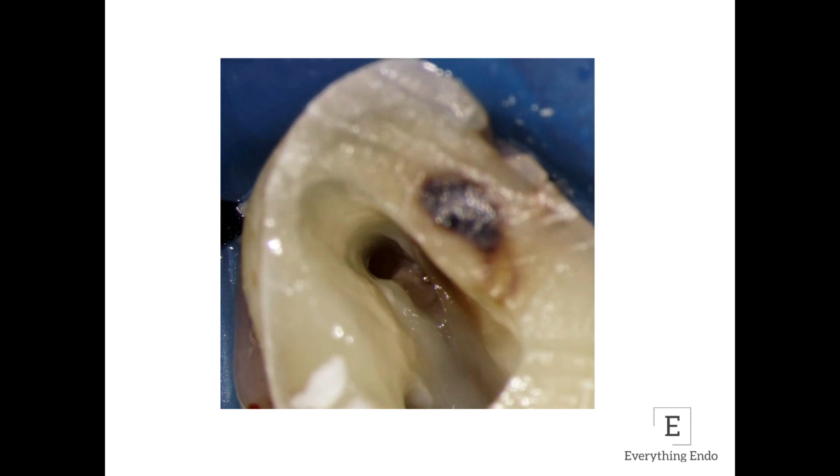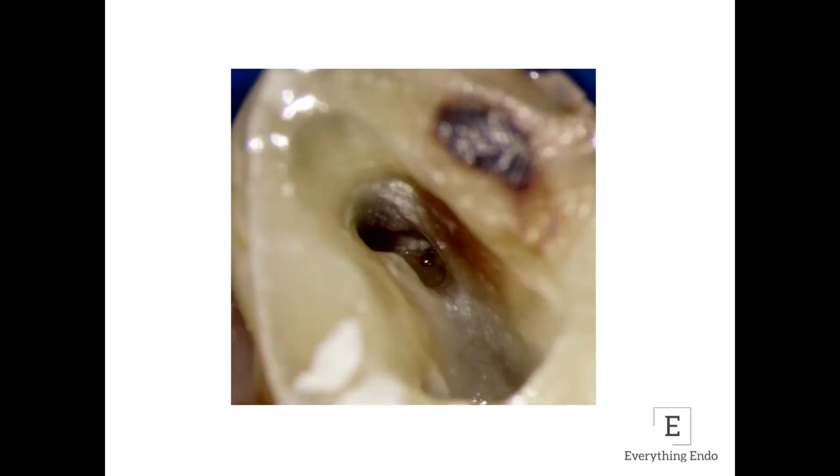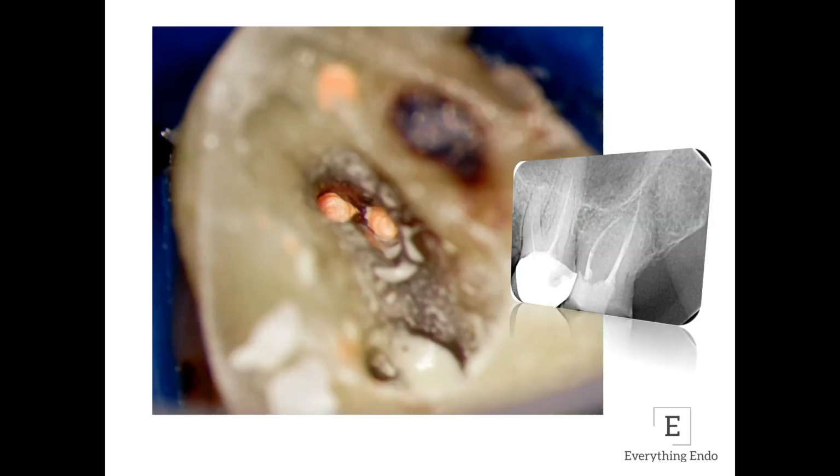So on troughing further down, we can notice a faint spot, which is nothing but a groove which has gathered some debris from all that troughing present. So what I do here is I dig further down on the floor of the pulp chamber, and that's exactly where I found the MB2 canal present. So that's the MB2 canal, shaped and obturated. Note how further down into the floor of the pulp chamber it is present.